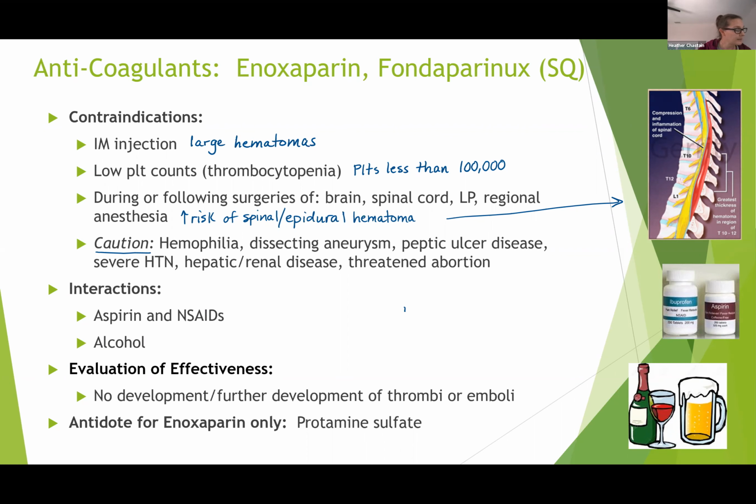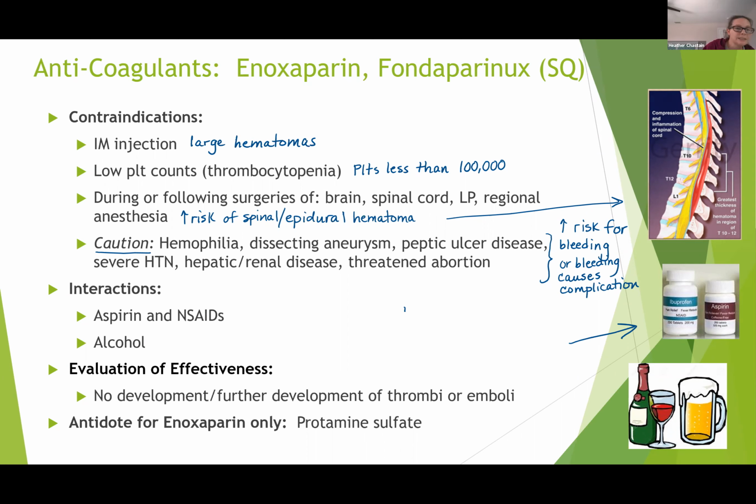So interactions: aspirin and NSAIDs, which inhibit platelet aggregation. Oh, okay, those increase, sorry. So use caution with anything that increases your risk of bleeding, because bleeding causes complications, okay?